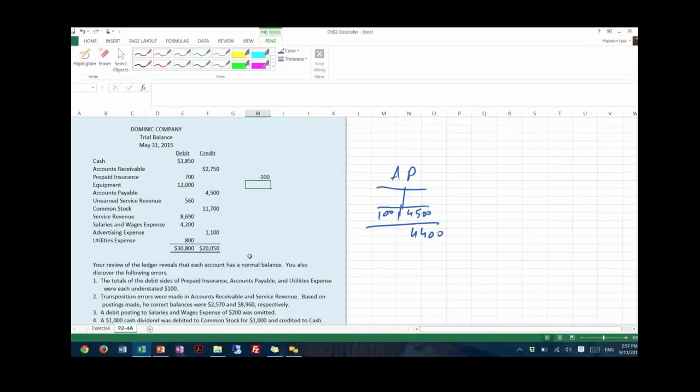Utilities expense was also understated by 100. Wouldn't it be accounts payable minus 100? Oh, yes, you're right, sorry. Actually, that was 100, and it was this one here, minus 100.